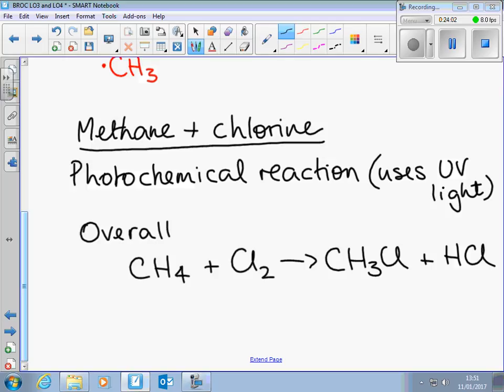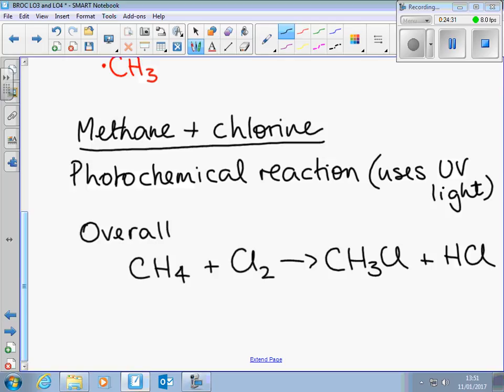And if you take the CHCl3 and more chlorine, you end up with CCl4, tetrachloromethane, which used to be called carbon tetrachloride. It's a dry cleaning fluid. Nasty. So you can progress until all the hydrogens have been replaced, or substituted, I should say.